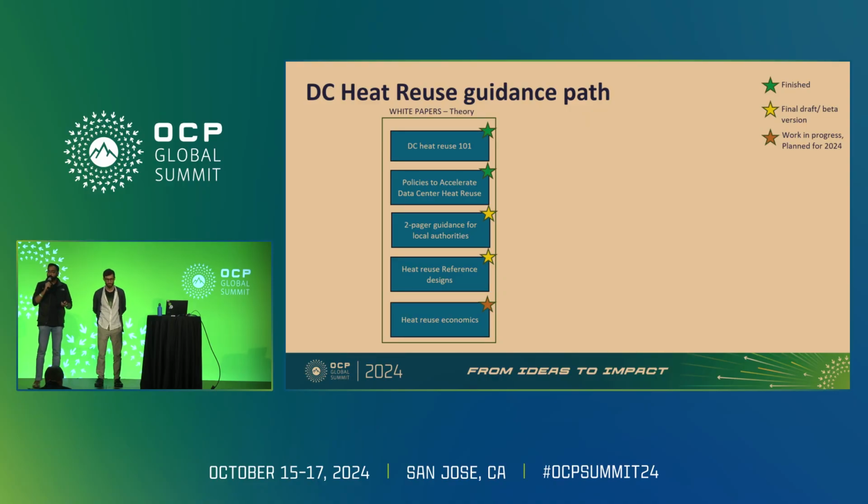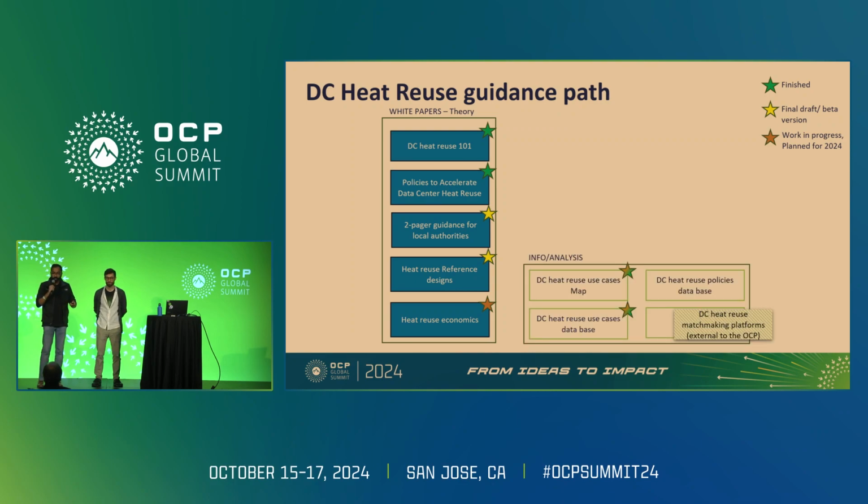And like I said, we are also working on an economics tool, and Jack here from our sub-project is going to talk about the economic tool behind leveraging waste heat reuse in your data center. And in our guidance path, we accumulate all this different information, and we create this database with different heat reuse cases, and that has information around a bunch of different things which I don't have time to dive deep into.